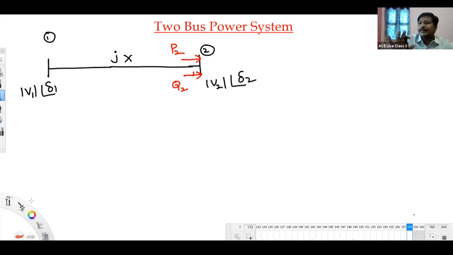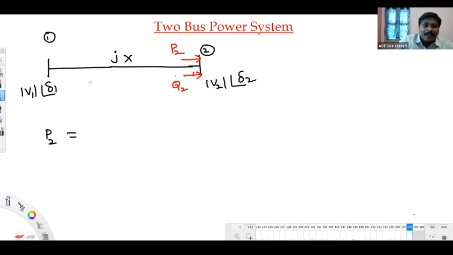I have to write these two equations. What is the P2 equation and what is the Q2 equation? That we have to write. Tell me please, what will be the equation for P2? See, earlier we have written PR is equal to mod Vs mod VR by X into sine delta.